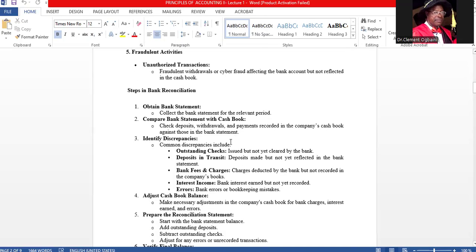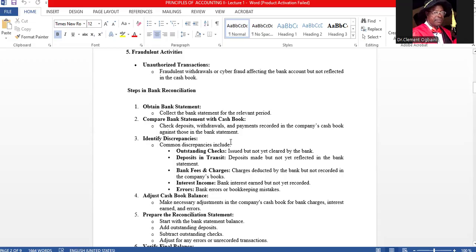The next is to start comparing the cash book and the bank statement. You can start ticking: the items in the bank column of your cash book, you match them with those on the statement of account, and any item that matches, you can tick it.